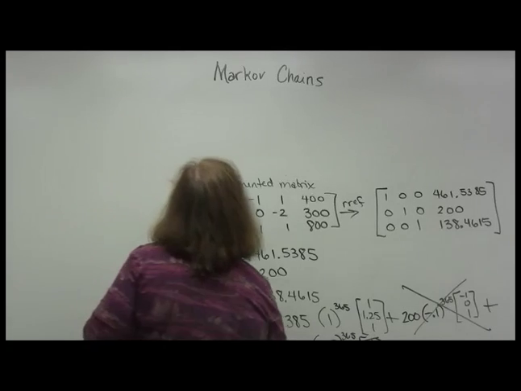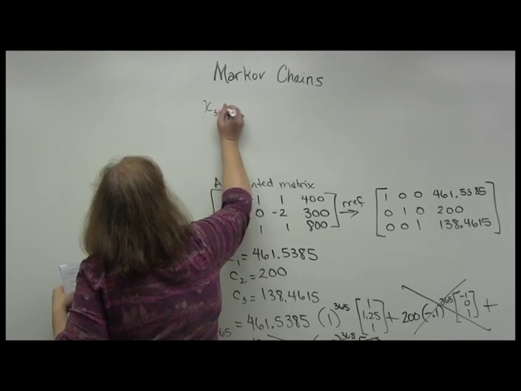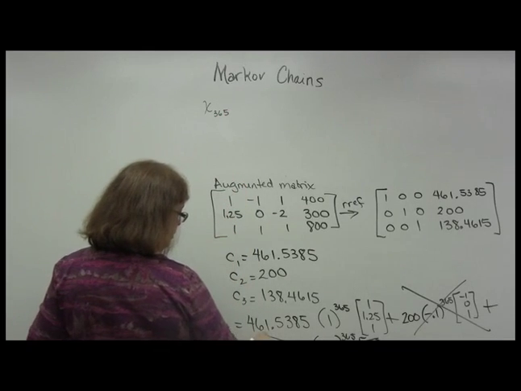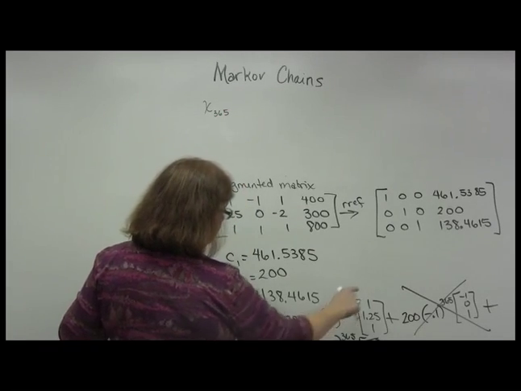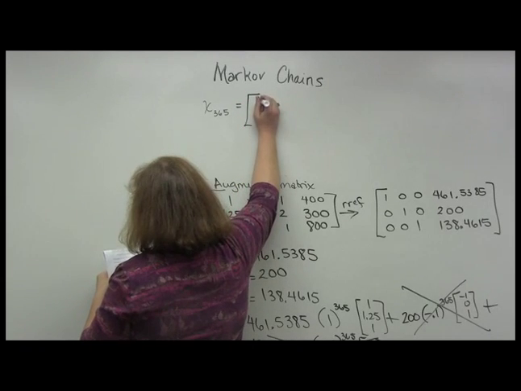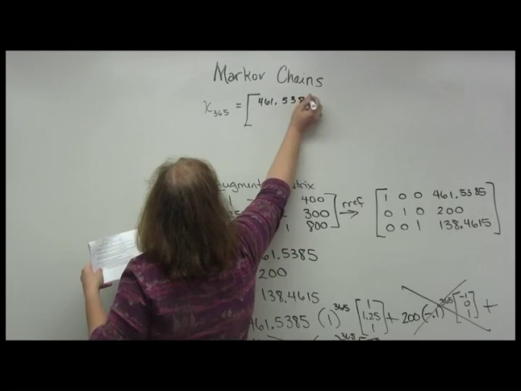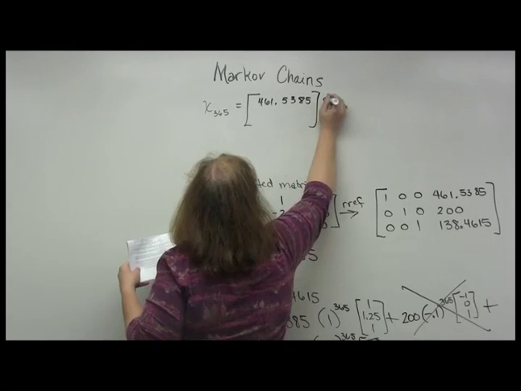Okay, so now let's actually figure out what's going on with this system after a year. And these were birds on an island. So this x sub 365. If I multiply 461.5385 times 1, ooh, that's a hard one, I get 461.5385. Now that's on x.